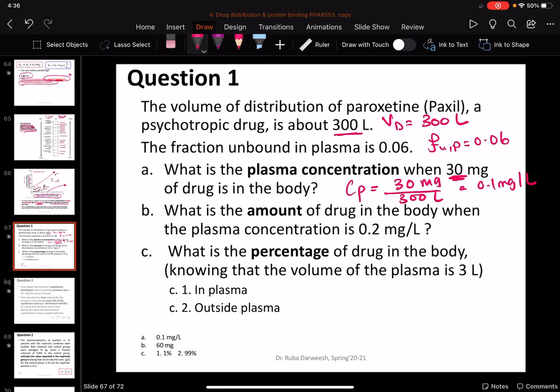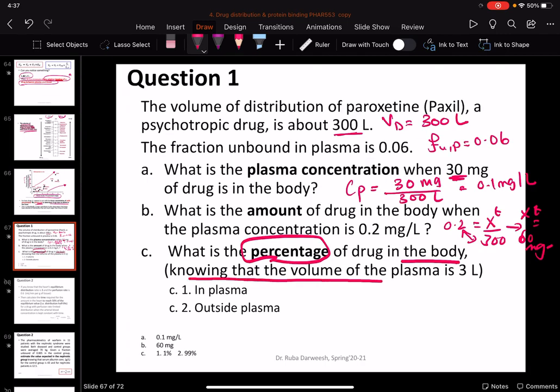This is something that you already know. Whatever would happen if the concentration in the plasma equals 0.2: 300 multiplied by 0.2, then the amount at that time would be equal to 60 milligrams.